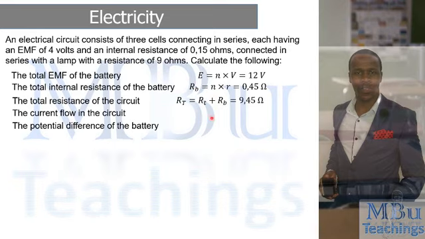As you can see, we have RT, which is this one, plus RB, which is this one. So that will give you that.